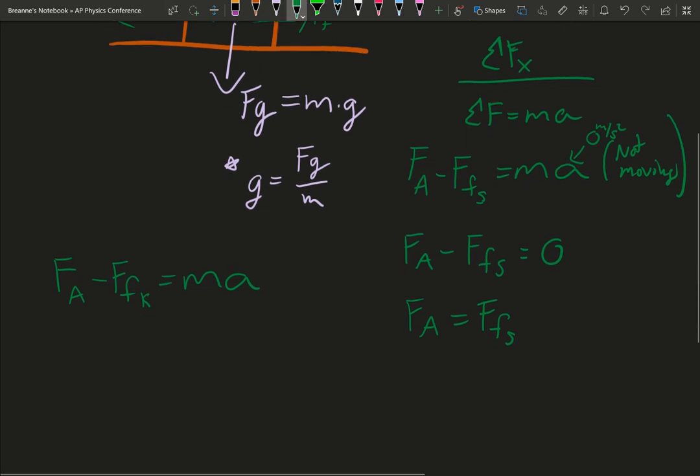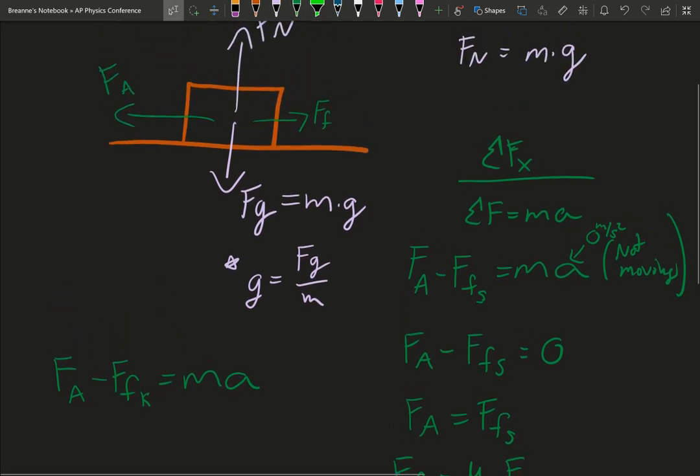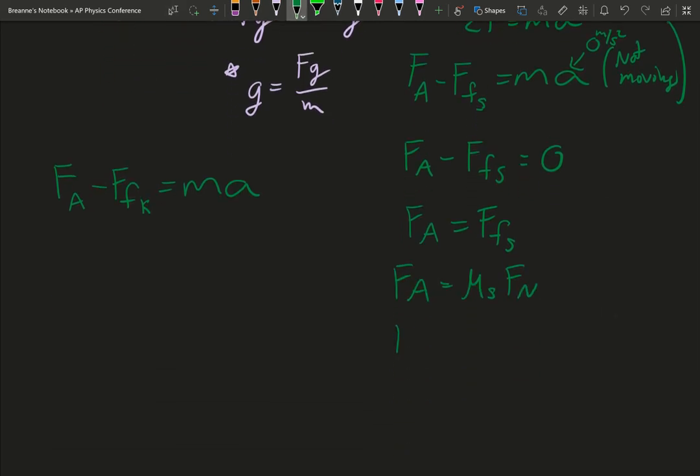We have our force of friction, which would be our mu times force of normal, and we can even take it a step further because we know what our force of normal equals. So it'd be our force applied equals mu times mass times gravity. So we can simplify it that far down.